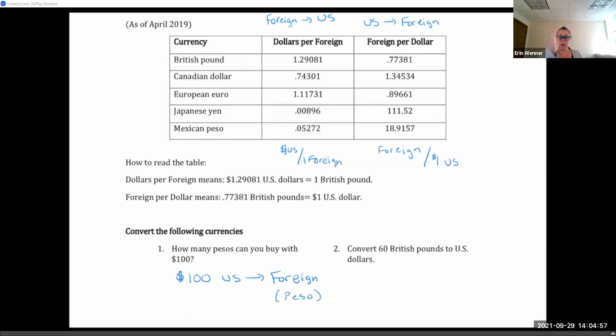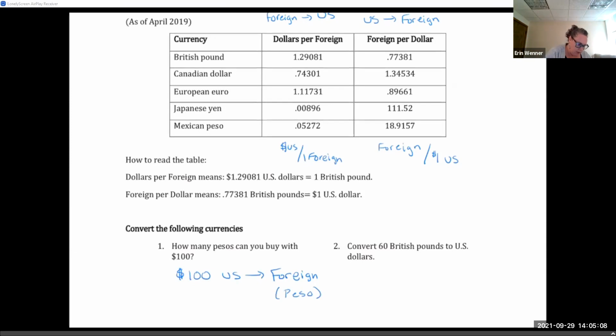Because we're starting with US and going to foreign, when we look at that table above, we're dealing with that second column. So we want the peso, which is right here, 18.9157 pesos per US dollar. So again, how do we think about this? 18.9157 pesos to $1 US.